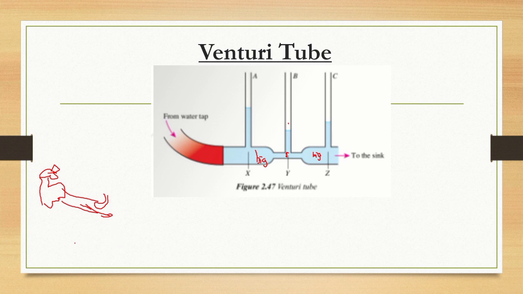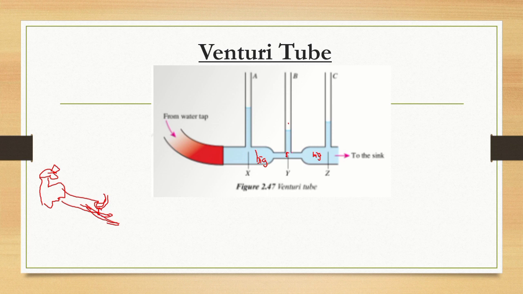So we can know that the smaller the diameter of the pipe, the higher the velocity of the fluid. Okay, when you block this area, area dia tinggal macam ni saja. So the water will come out at a high velocity.